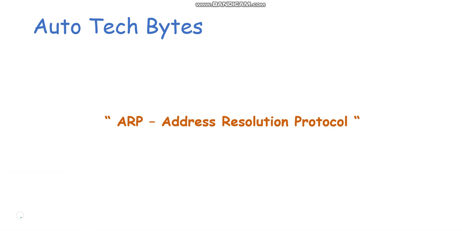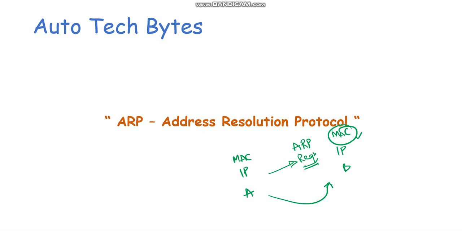So what is done in this case is, now that A knows the MAC and IP of itself and it knows the IP of B, it wants to know the MAC of B. So it sends a message which is called an ARP request, where it sends its own MAC address and IP address and the IP address of B, and tells B to please fill in your name, that is your hardware MAC address.